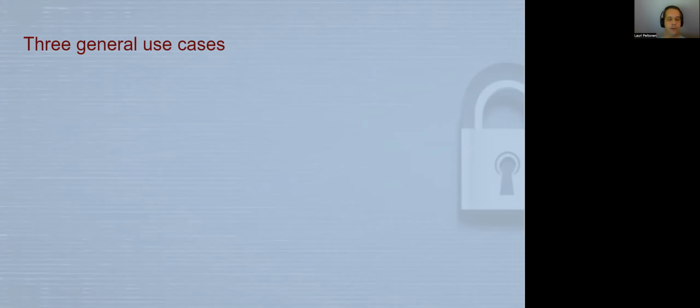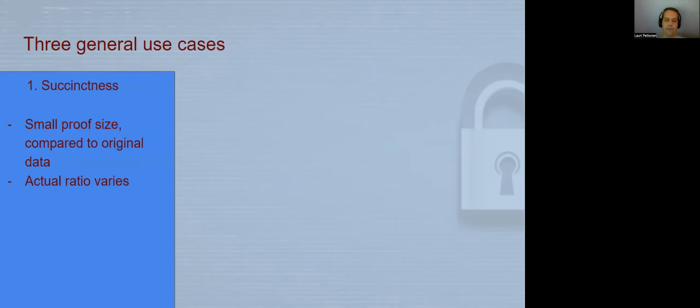If we go quickly through some use cases, I like to categorize them into three different cases. The first is succinctness, which basically just means small size. This is often used in blockchains for layer 2 rollups and this kind of stuff, but let's have a look at that in more detail a bit later. The whole point of succinctness is that you have a small proof size compared to the original data.